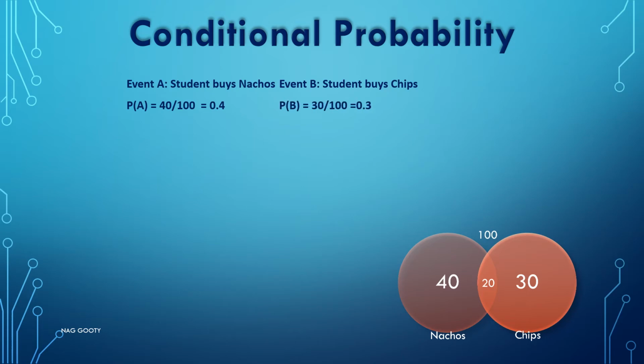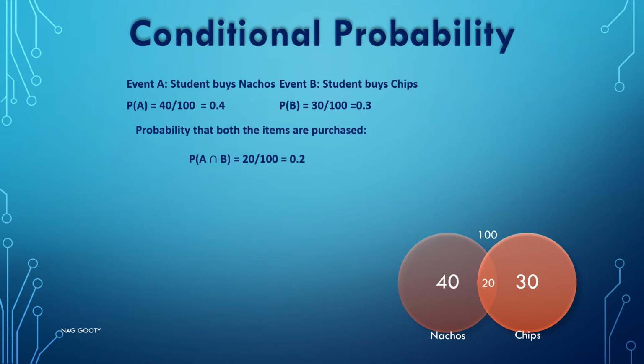Probability of event B represented by P of B is 0.3, and probability of students buying both the items is represented by P of A intersection B is 0.2.